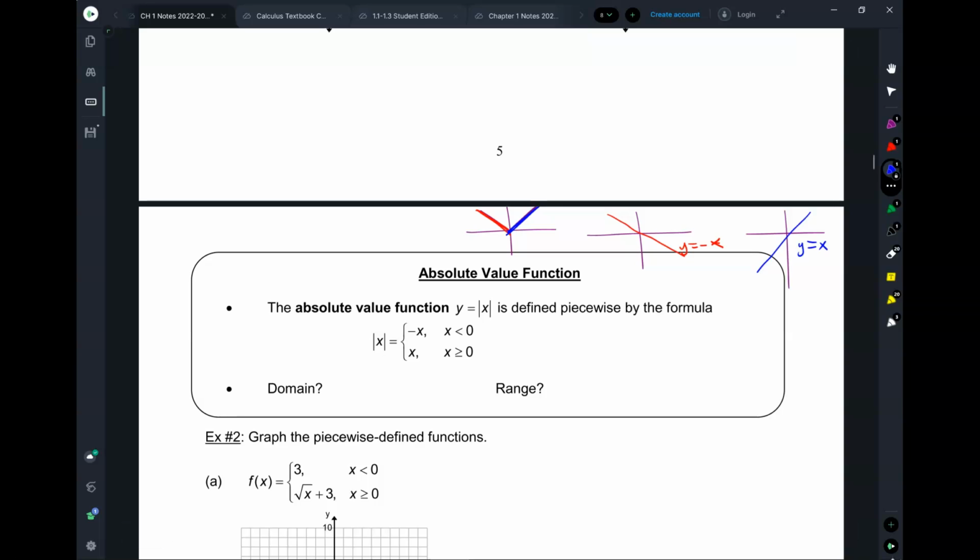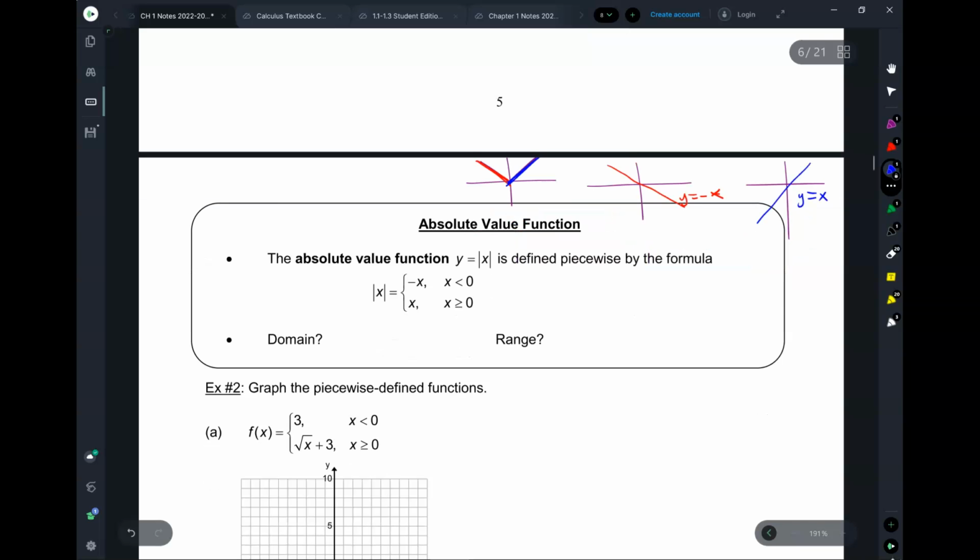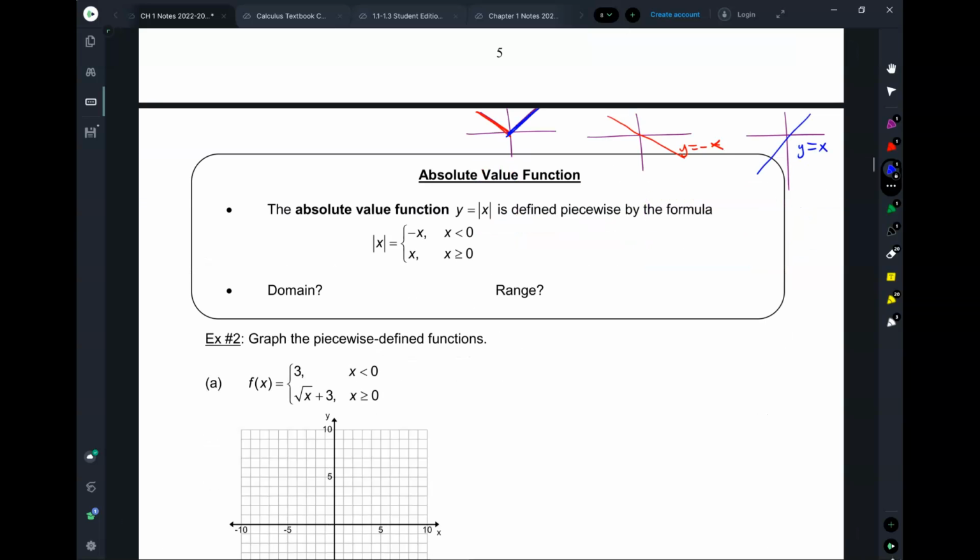This is the full-fledged y equals x, but if you only take the part from 0 and on, that's that. So putting it together, if you take y equals negative x only for x's less than 0, and y equals x only for x's greater than 0, that gives you an absolute value function. That's another way in calculus that we represent absolute value functions.